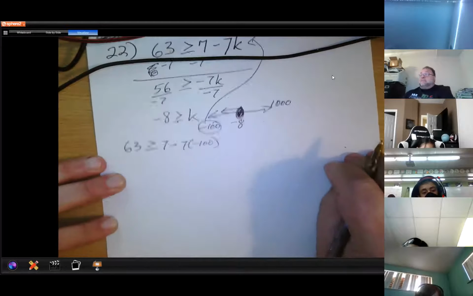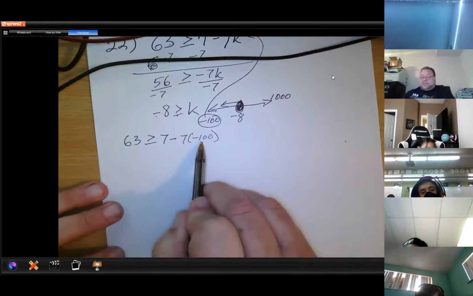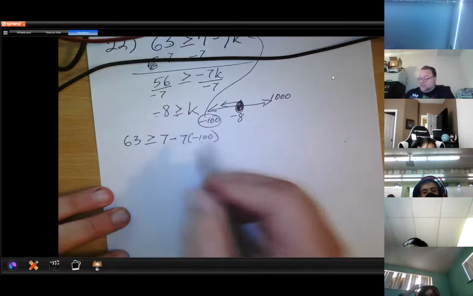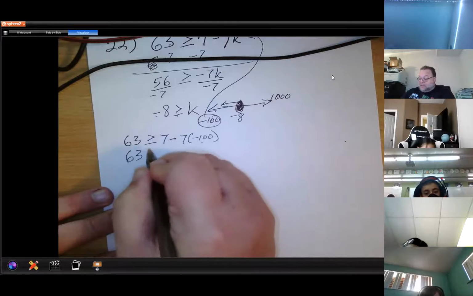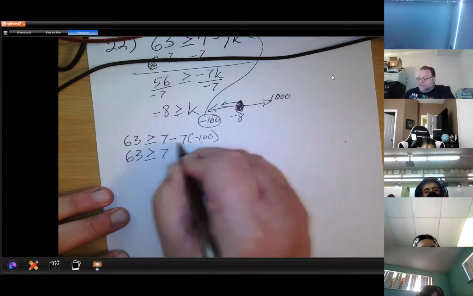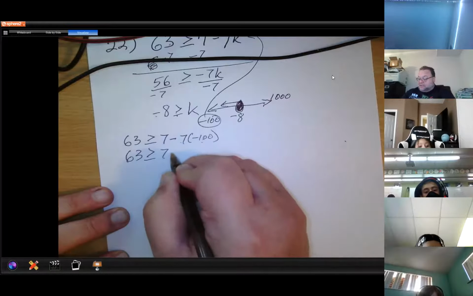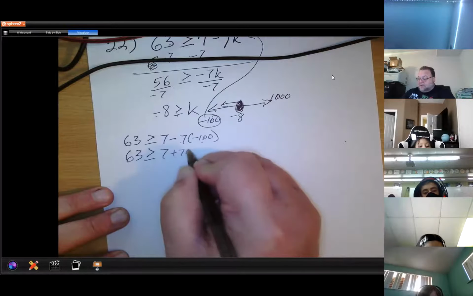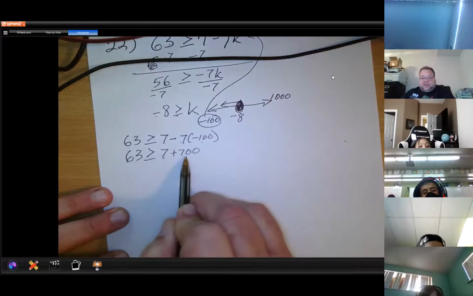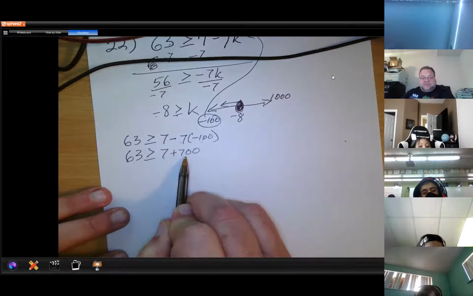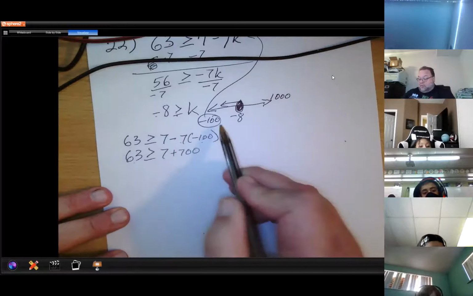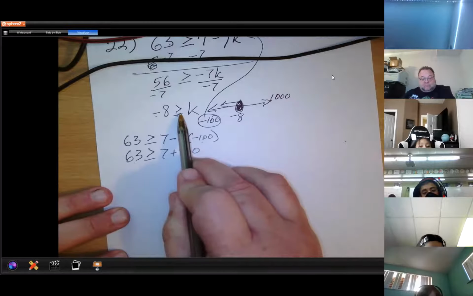All I did was plug in negative 100 for the variable. And so that's going to get me this. And then negative 7 times negative 100 is going to be a positive 700. So can 63 be bigger than 700? No.